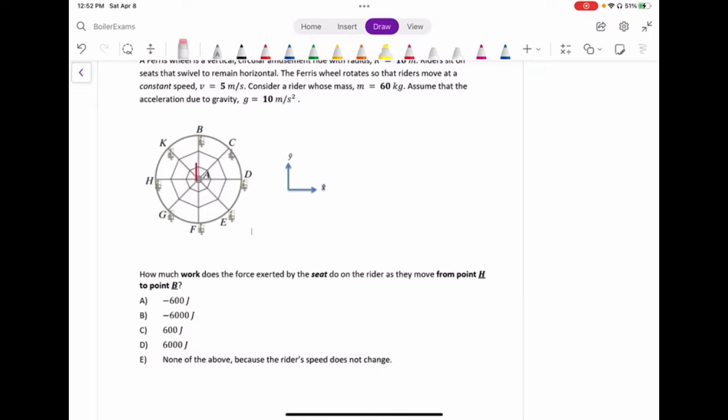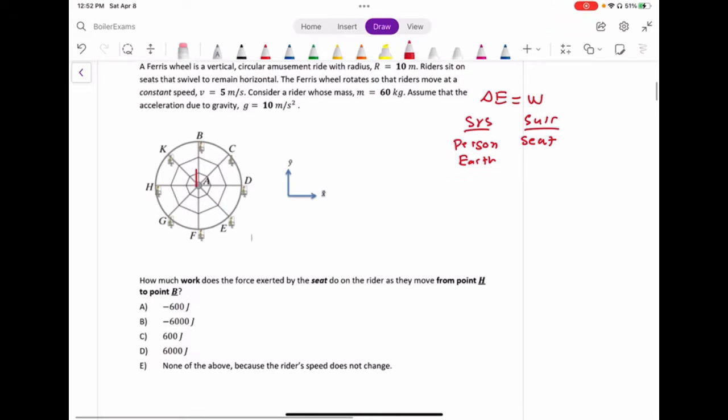Okay, so as we're going to solve pretty much every problem in this test, we're going to need the energy principle. Delta E equals work, and let's set up our system and surroundings. System, let's say person, Earth. You could put the Earth in either one, but it's easier to put it in the system, or less room for confusion if you put it in the system. So let's do that.